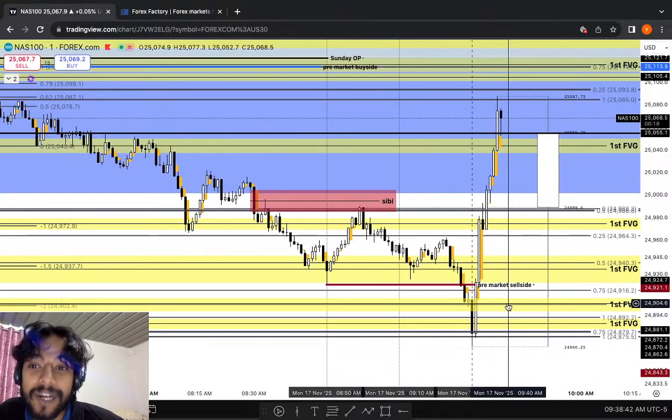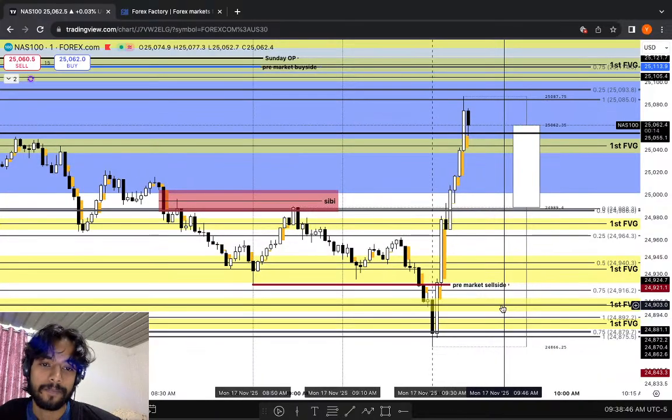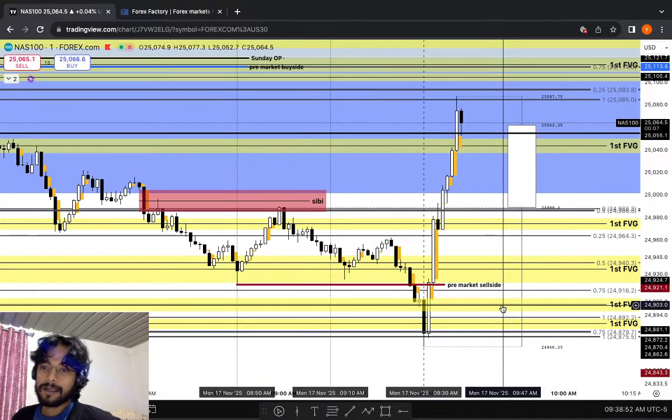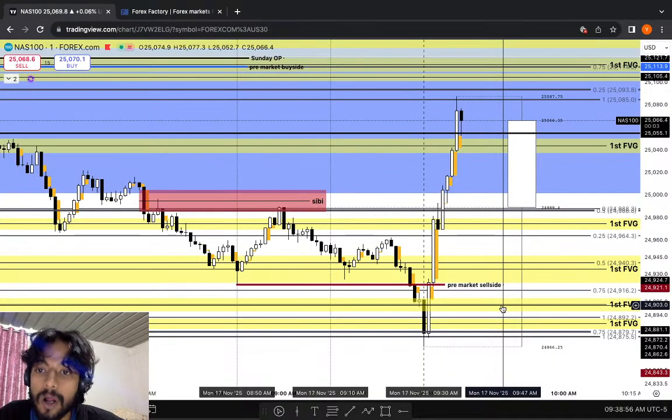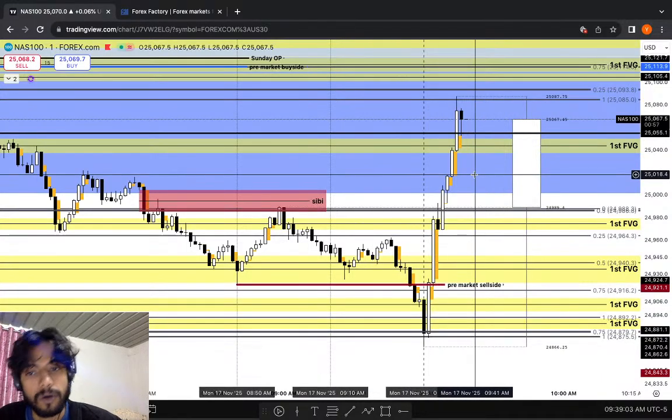I'm trying to predict. We are predicting the future. Trading is all about predicting the future. It is not about just seeing the left side of the chart. You have to know where it's going to move, on the upside or on the downside.